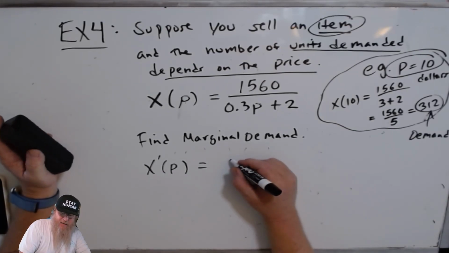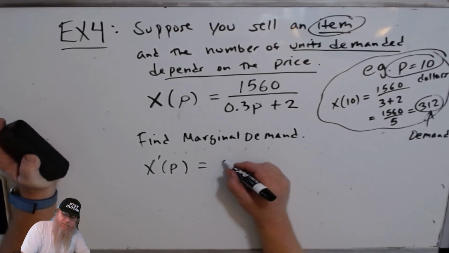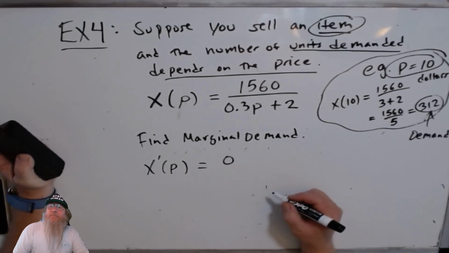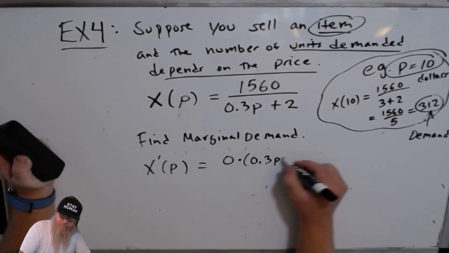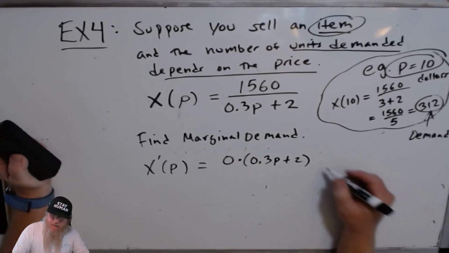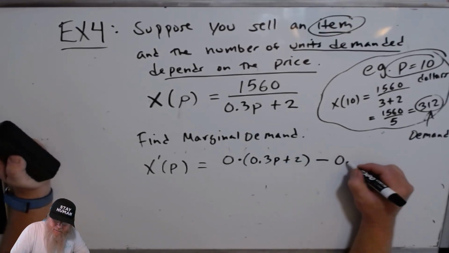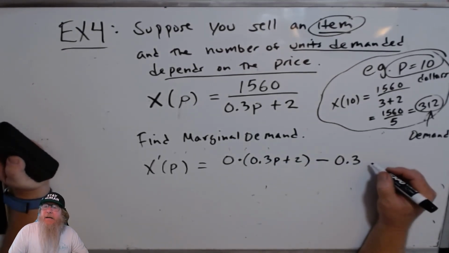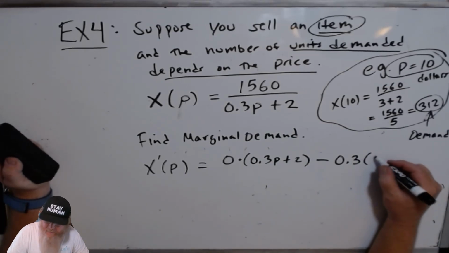So this is going to be the derivative of the top, which is 0, times the bottom, minus the derivative of the bottom, 0.3, times the top.